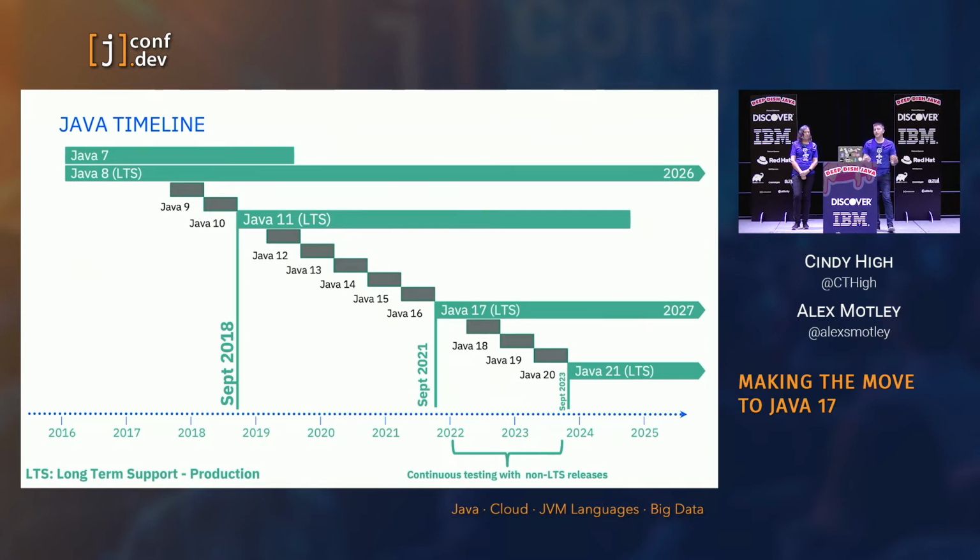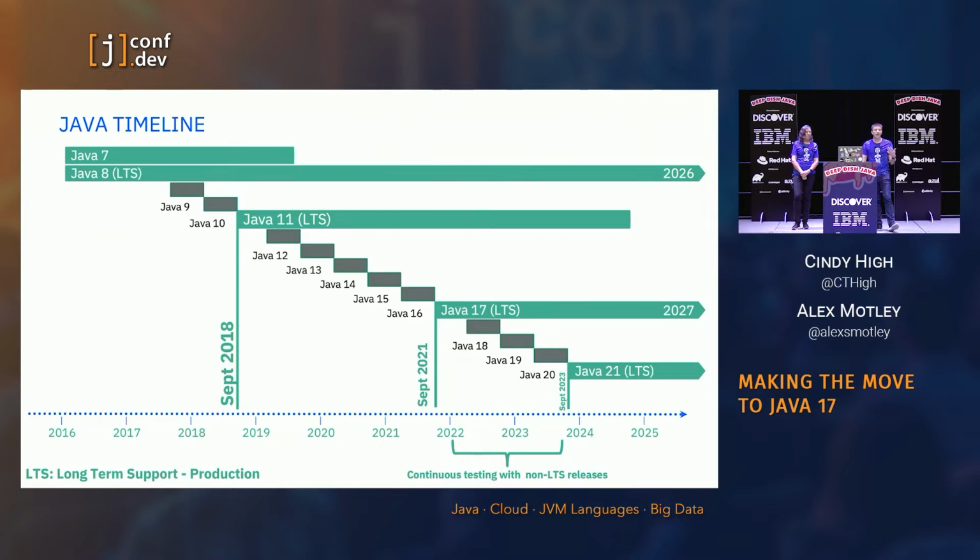We really do recommend that you set up continuous testing and a CD pipeline, and always run and check with each new release, even the non-LTS ones, so you're aware of what changes are going to affect your application. You can do that iteratively, and then when the next LTS release comes, you're ready to move to that one.